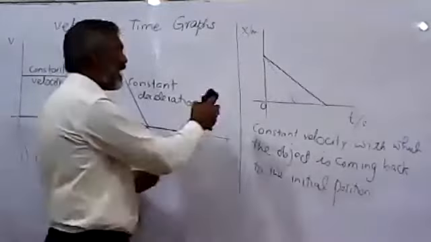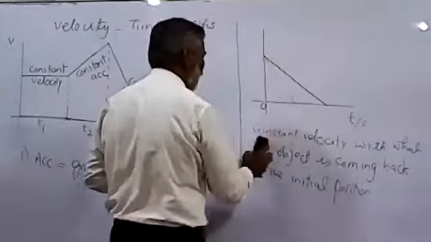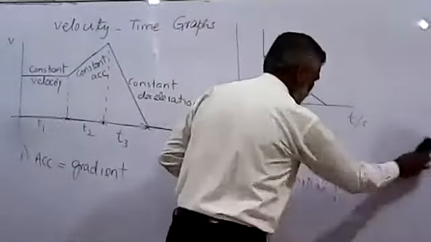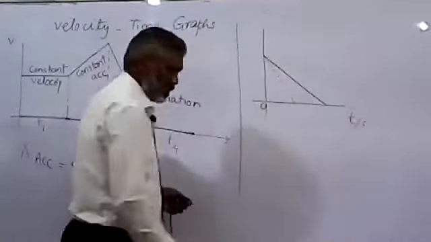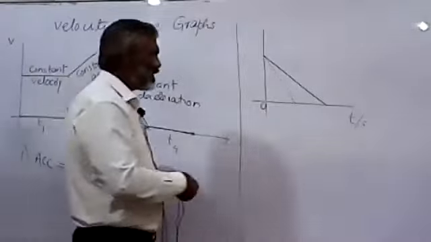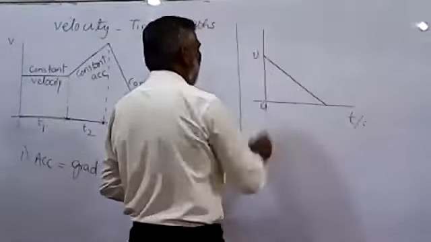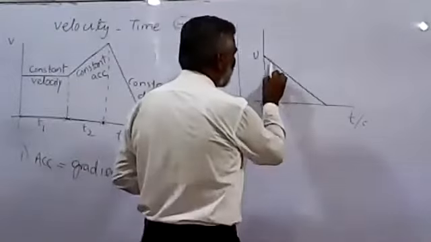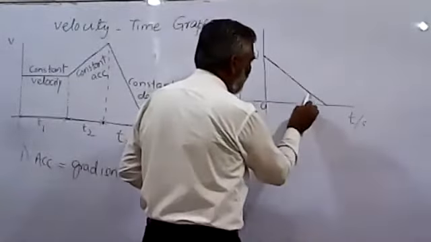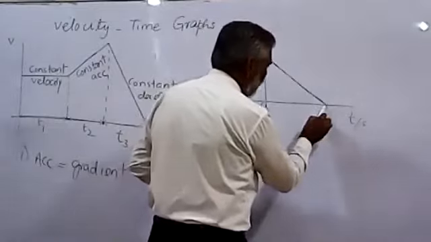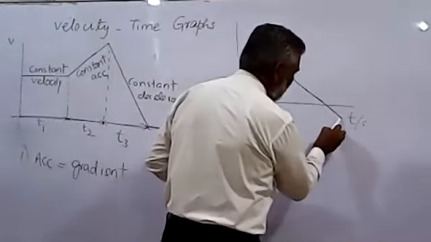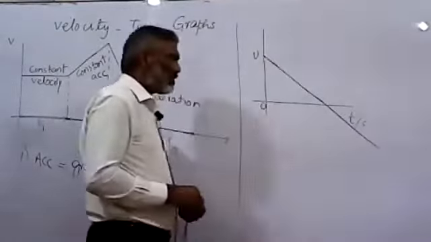if I have a velocity time graph in which the object is initially moving with a certain velocity and then it applies brakes and then it comes to rest, then what if this graph continues on the other side of the graph?